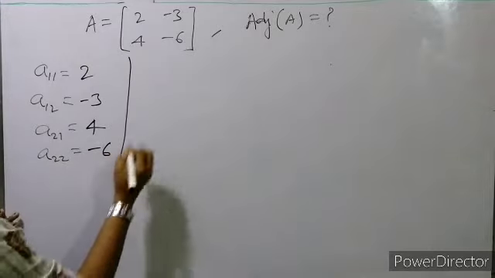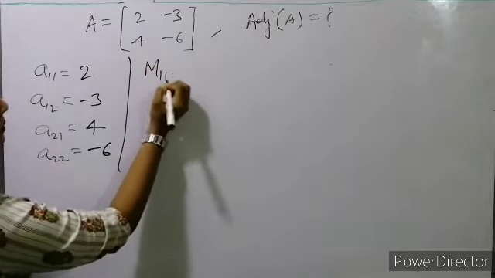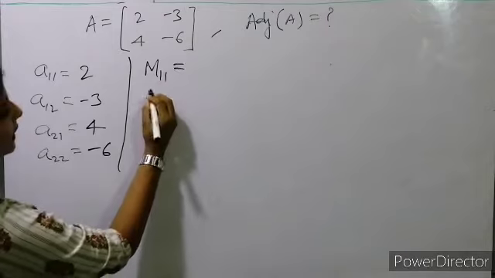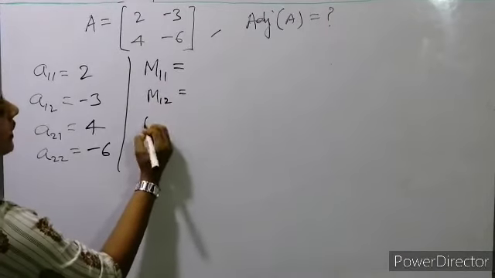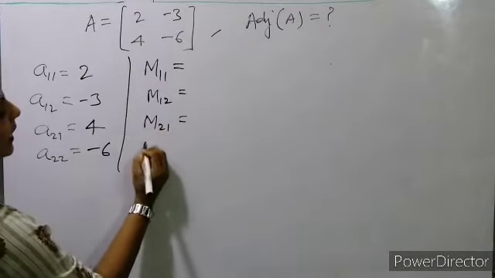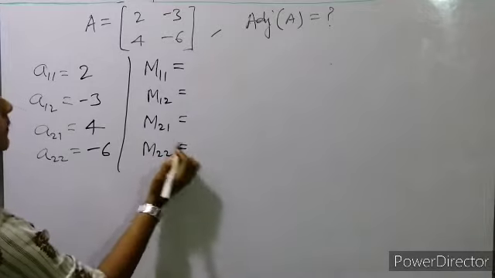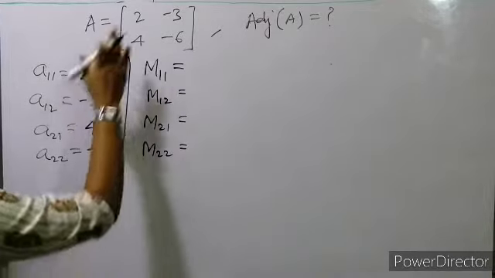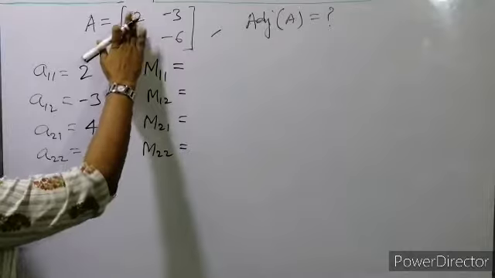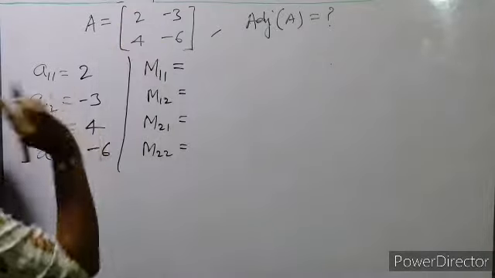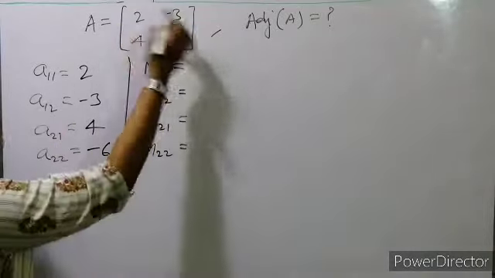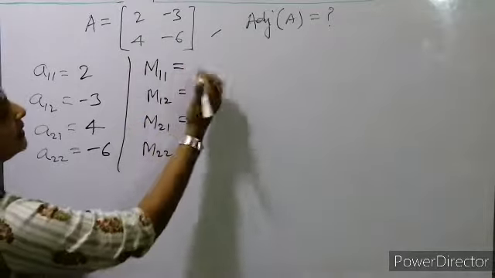ठीक है, now we have to find out the minors. Minor M11, M12, M21, M22. Okay, so M11 क्या होगा, 2 को हम will hide this row and this column. 2 is 1 1, so first row and first column will hide. What is left behind, that is -6.